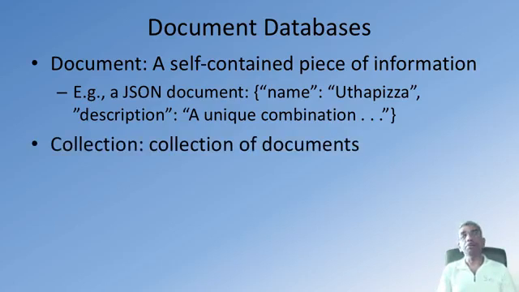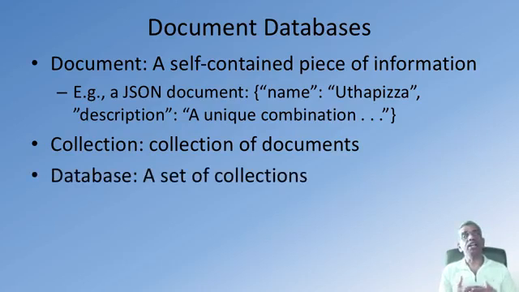Documents themselves can be organized into collections. So a collection is a group of documents. And in turn, the database itself can be considered as a set of collections. So these terms, documents, collections, and the database, will occur frequently when we discuss document databases and MongoDB in particular.